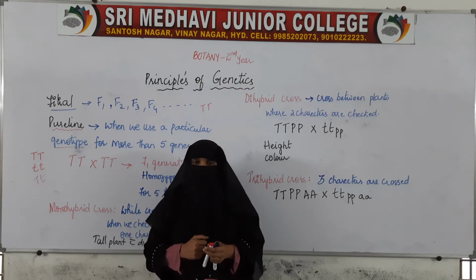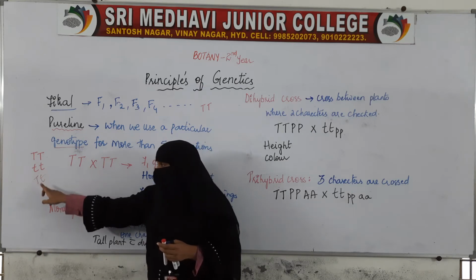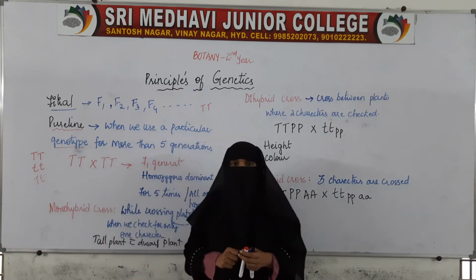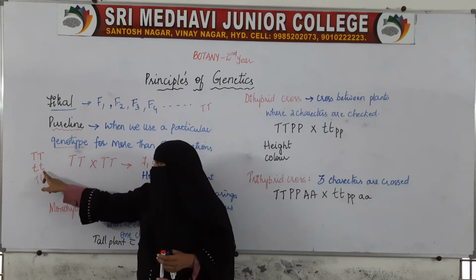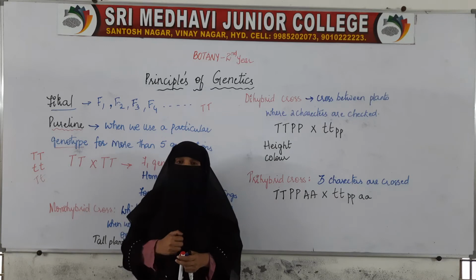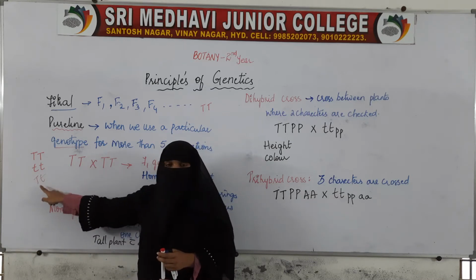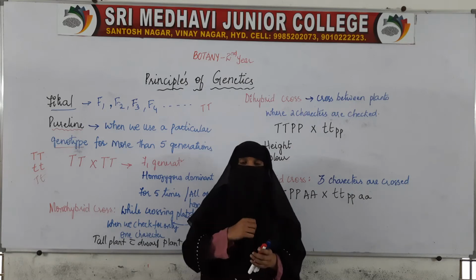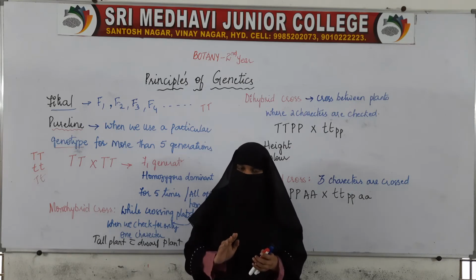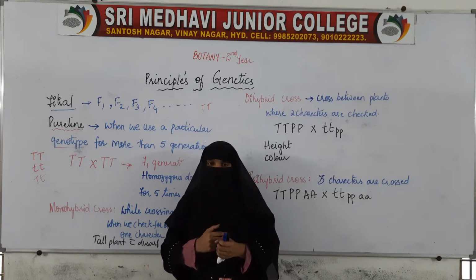In the first 2 cases both are homozygous, and in the third case it is heterozygous. The genotypes both capital T and both small t are homozygous, and capital T with small t is heterozygous. So among the 3 genotypes, 2 are homozygous and 1 is heterozygous.